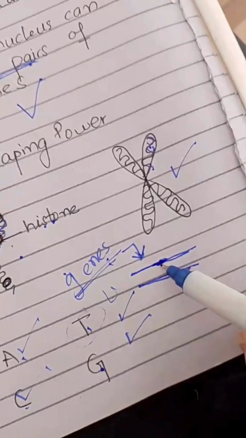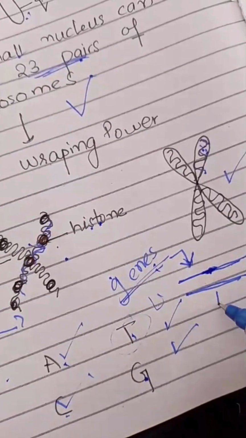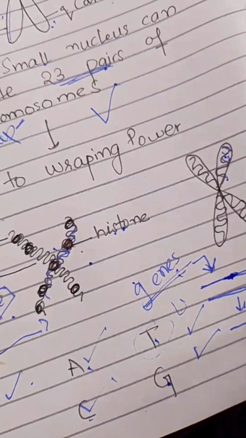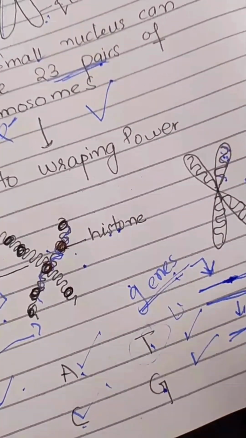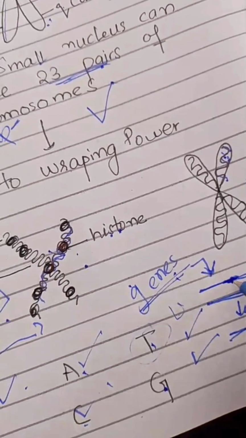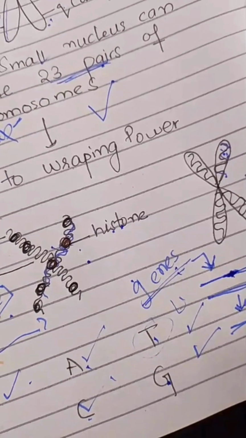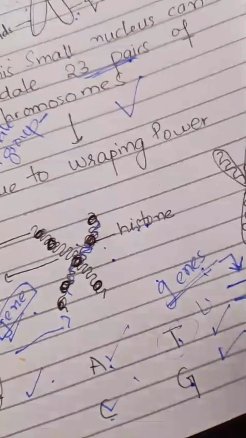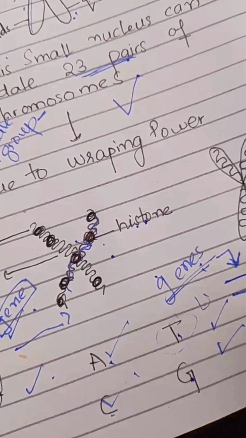For example, this is your entire DNA, and if only this portion of your DNA is converting itself into messenger RNA, then this portion is known as a gene.